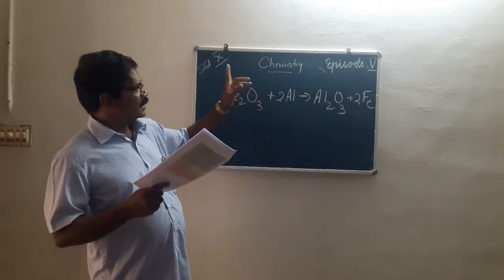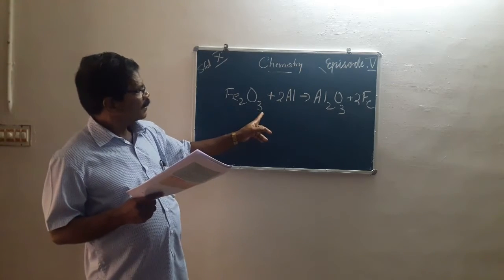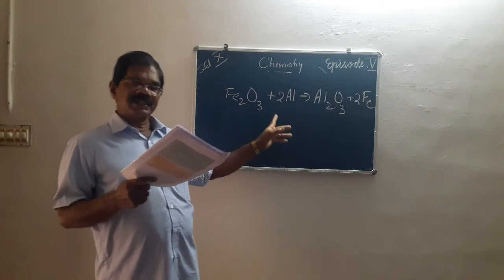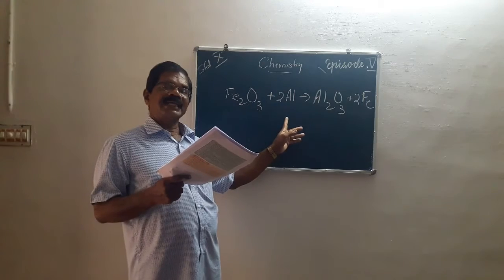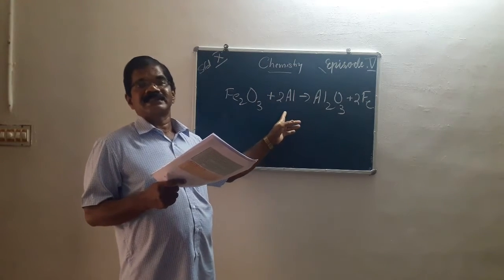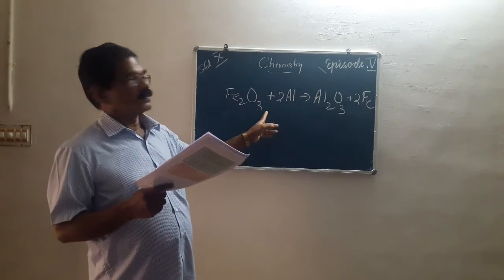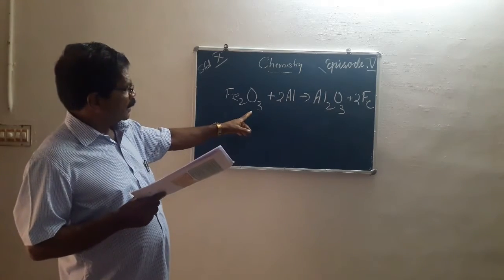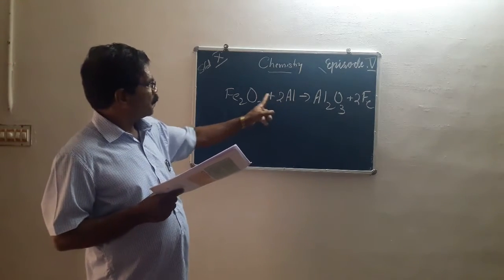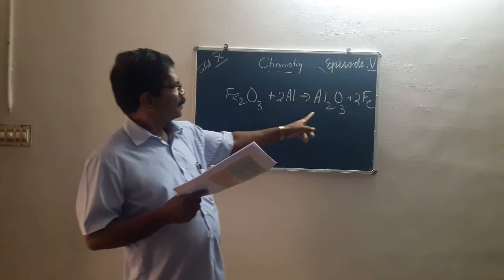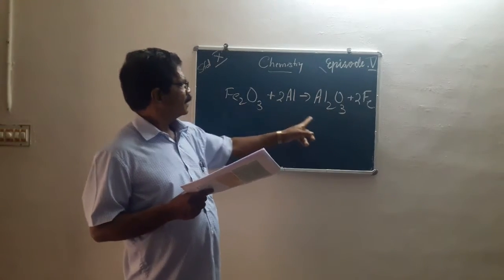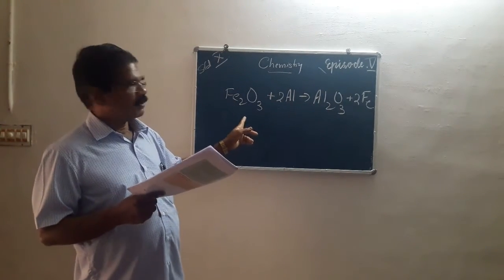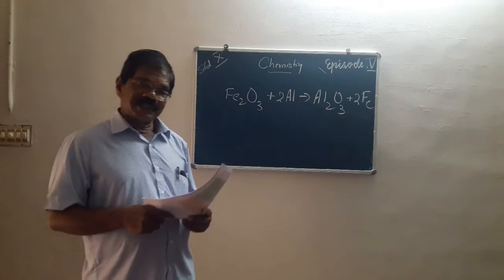Is it a displacement reaction? We know that in a displacement reaction, the more active element displaces the less active element from its compound. Here aluminium displaces oxygen to form aluminium oxide, and iron is set free. What is the fourth type?